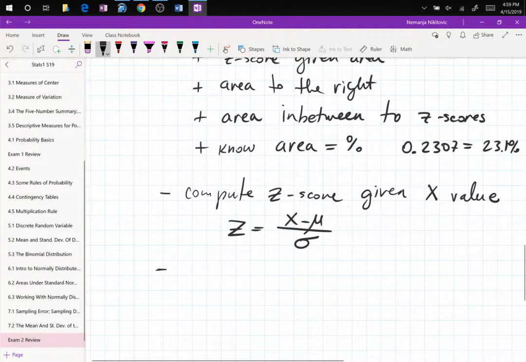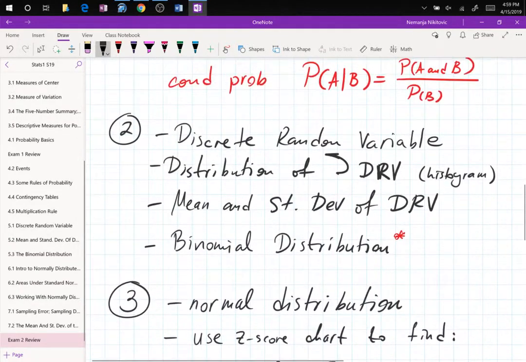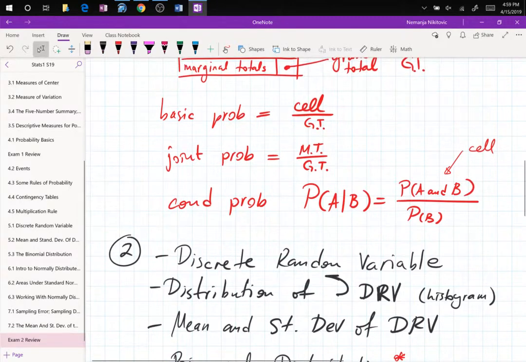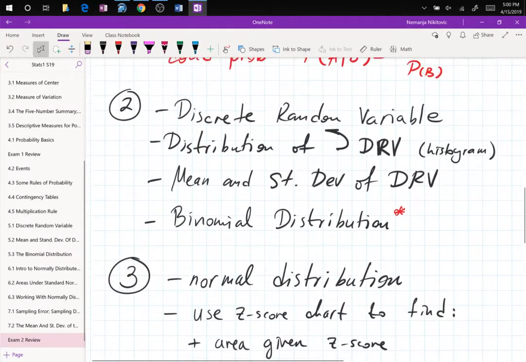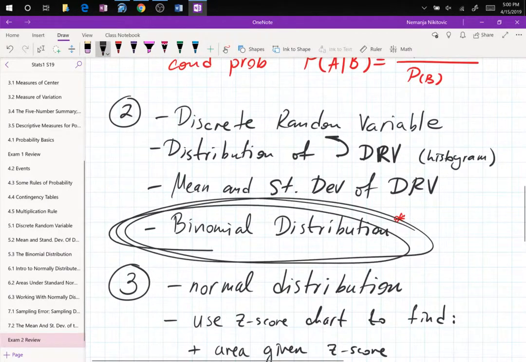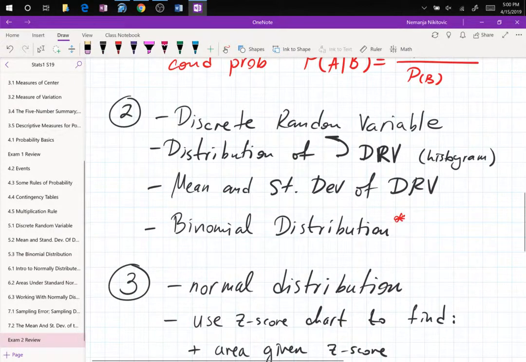Is there anything else that I'm missing? Yes? Okay, we'll talk about that, sure. Factorials are here. Maybe if I did this instead of a star.